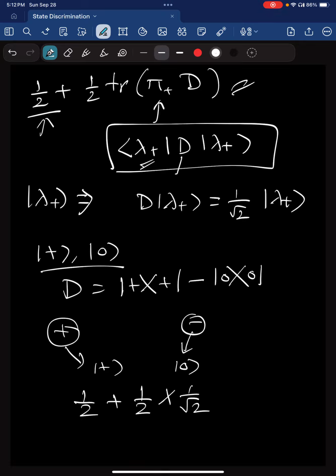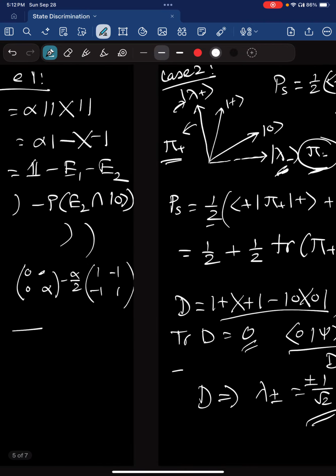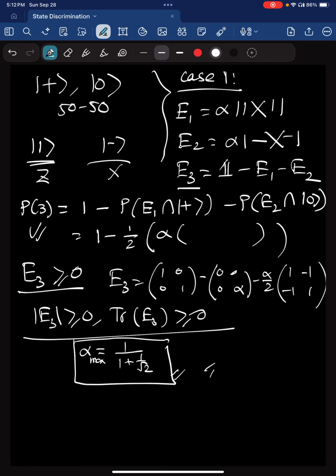So what is the probability here? This is just 0.85, and there is like 4 or something. So almost 85.4%.